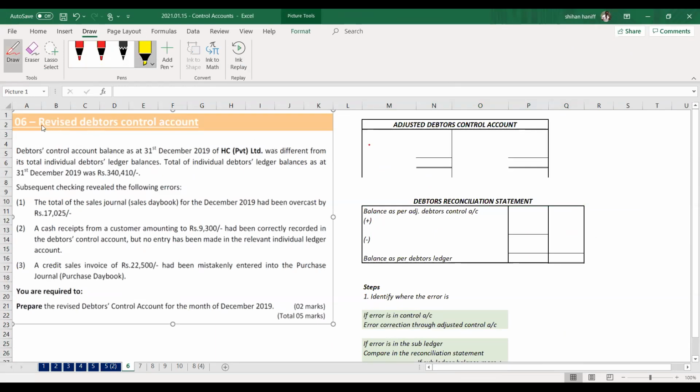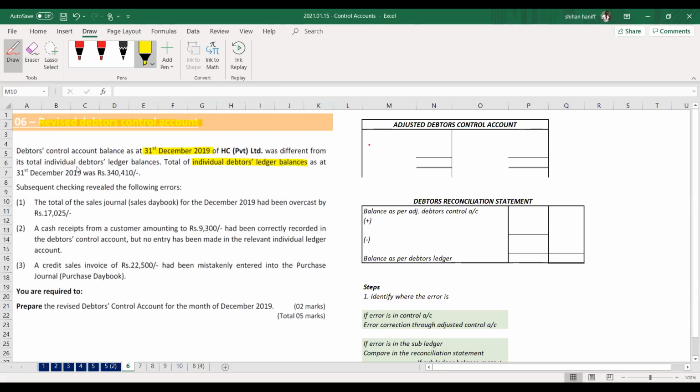Preparation of revised debtors control account. So the first question will target debtors. The debtors control account balance as at 31st December 2019 was different from its total individual ledger balances.